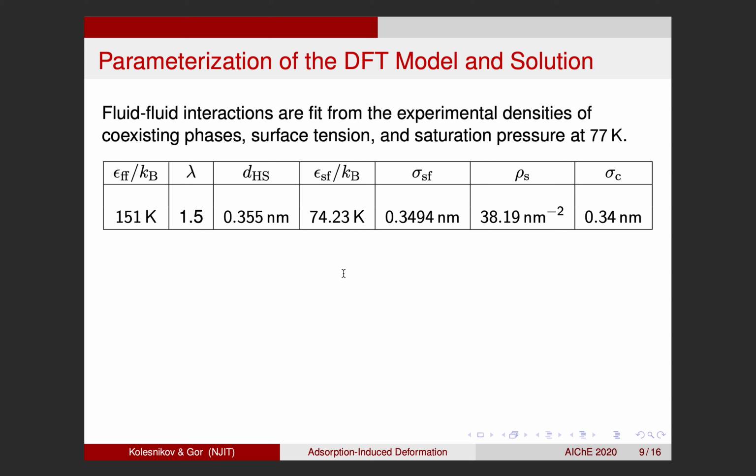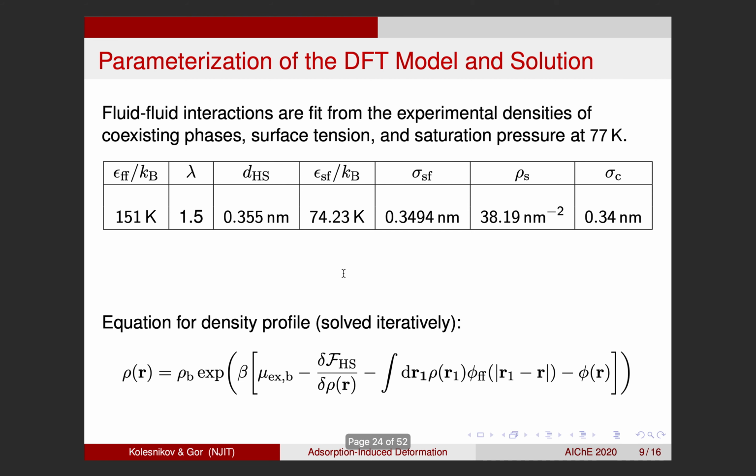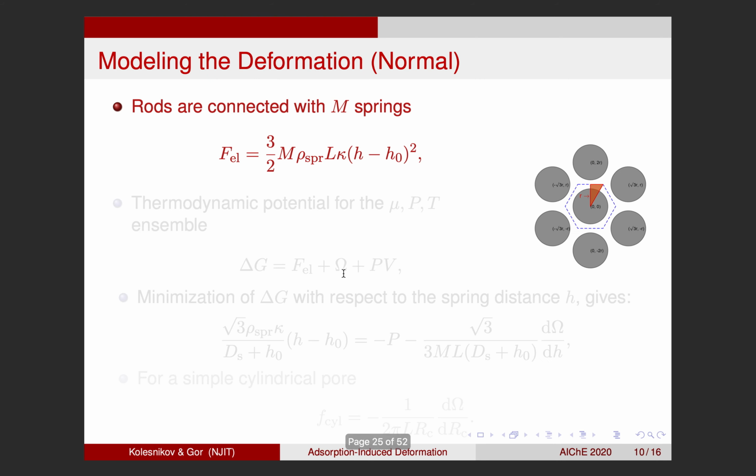And we got these parameters fitting the experimental data, which provide us with a pretty good fit. Then, using these parameters, we solved this equation for the density profile, solving it iteratively. All right, that's about modeling the adsorption.